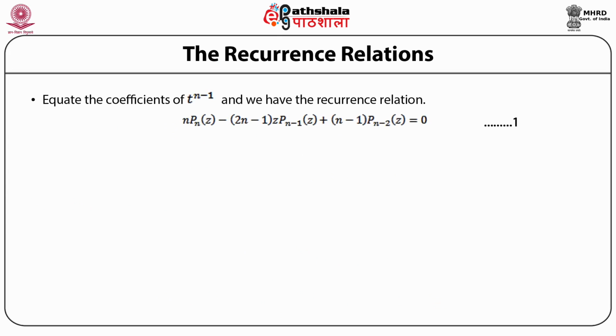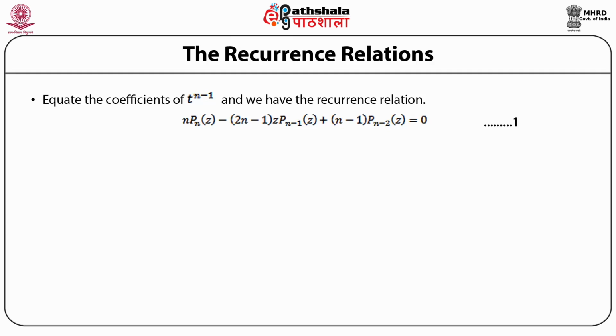On equating the coefficients of t raised to power n minus 1, we have the recurrence relation n multiplied by Pn of z minus 2n minus 1 into z into Pn minus 1 of z plus n minus 1 into Pn minus 2 of z is equal to 0.